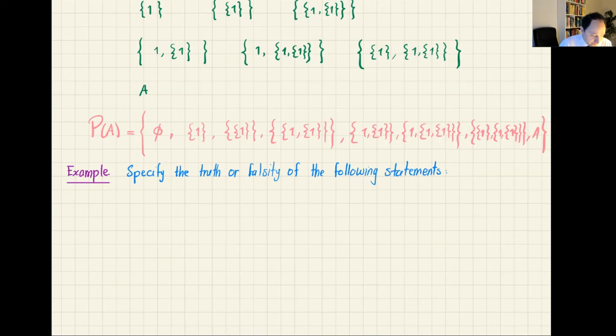So number one, if A is a subset of B and B belongs to C, can I conclude that A belongs to C?